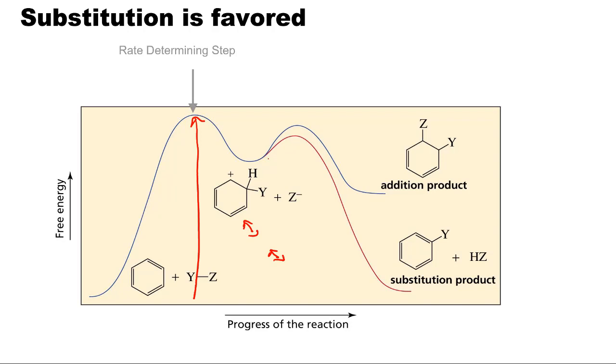And then in the next step, you can either form the addition product or the substitution product. But the substitution product is aromatic, and the addition product is non-aromatic. Because the aromatic substitution product is so much more stable than the addition product, none of the addition product really forms. It all goes directly to the substitution product.